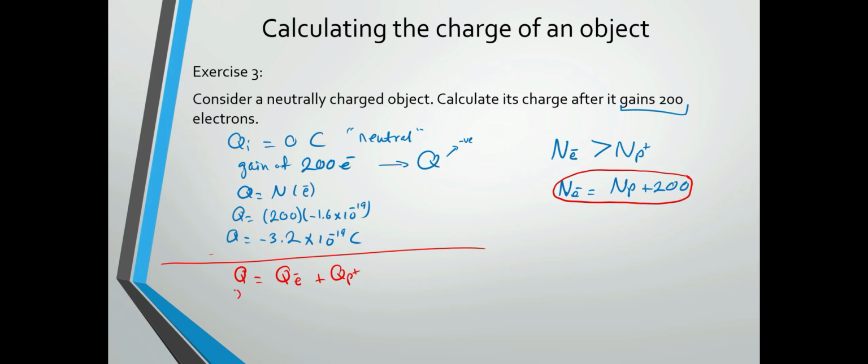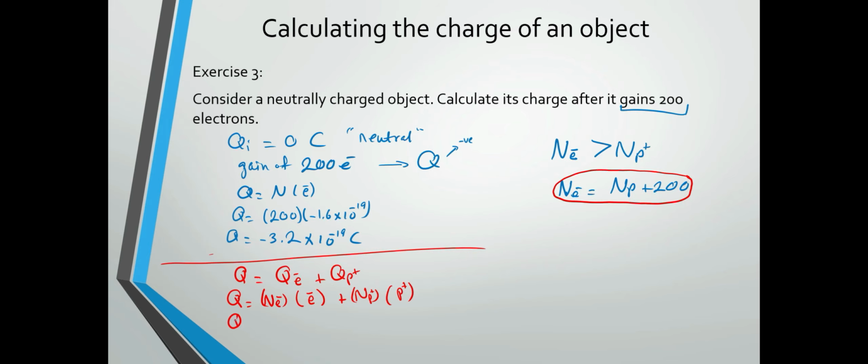So Q is equal to the number of electrons multiplied by the charge of each electron plus the number of protons multiplied by the charge of one proton.